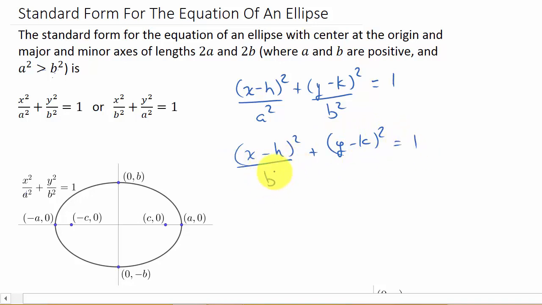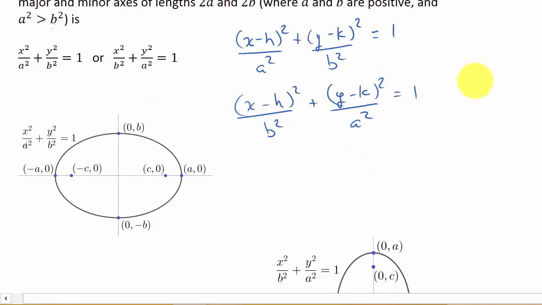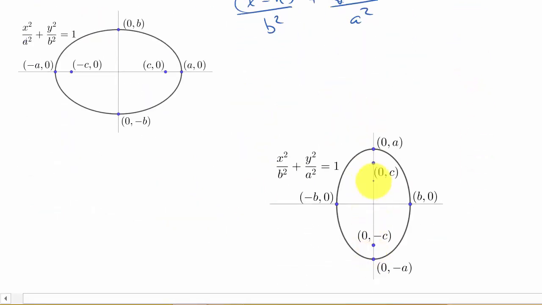The same thing still applies. If the a squared is under the x part, the major axis is going to be horizontal. If the a squared is under the y part, the major axis is going to be vertical.